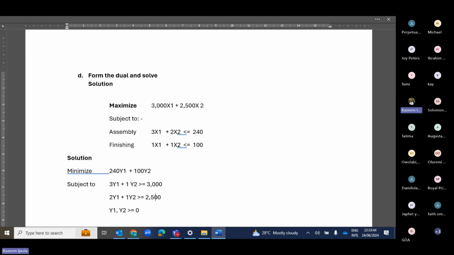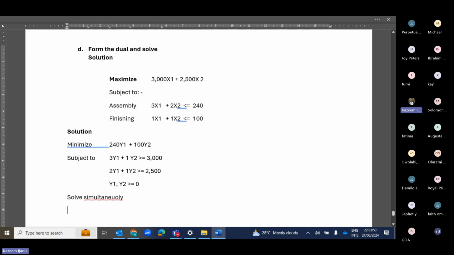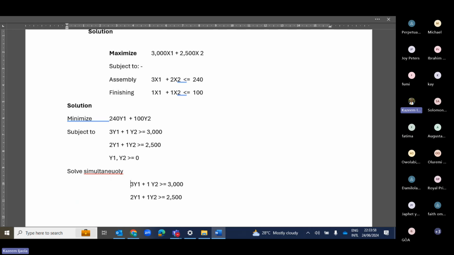So what you will do next is solve this simultaneously. How will you solve it simultaneously? Just pick these two constraints and change them to equalities. Then you solve it simultaneously.